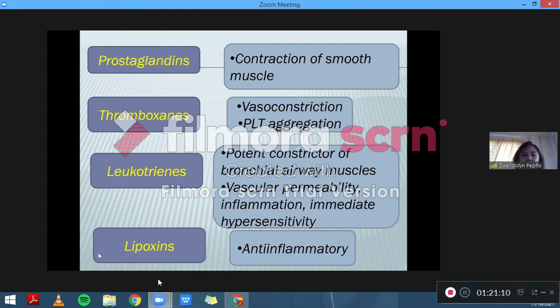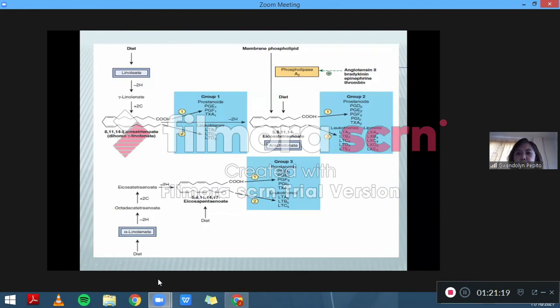Okay, so what does this figure tell you? Anyone? Hello, Doc. Is this the origins of the 3 groups of the eicosanoids? Okay, Carl, can you discuss briefly?